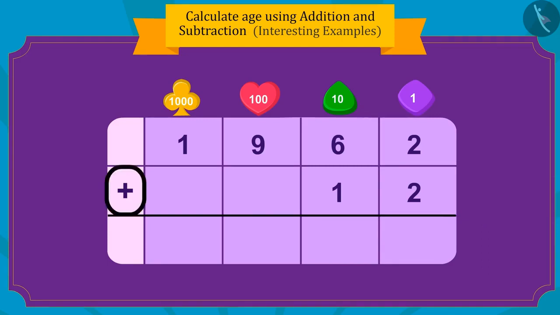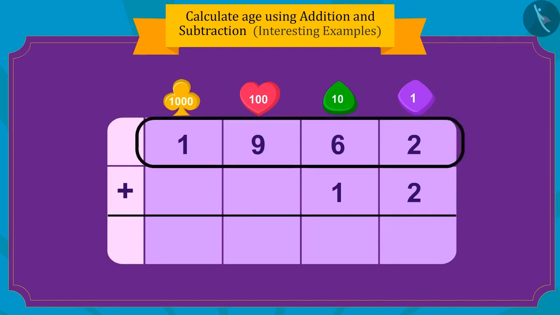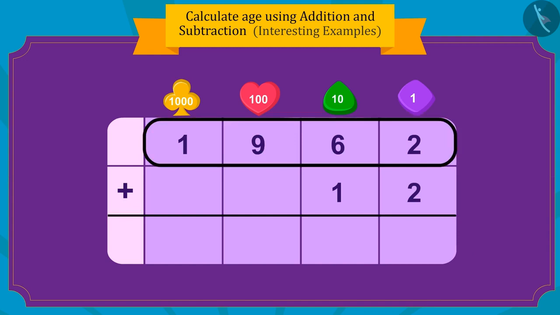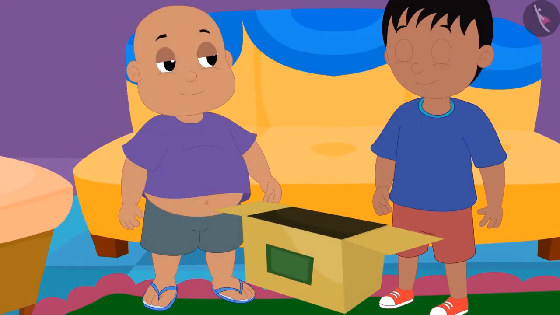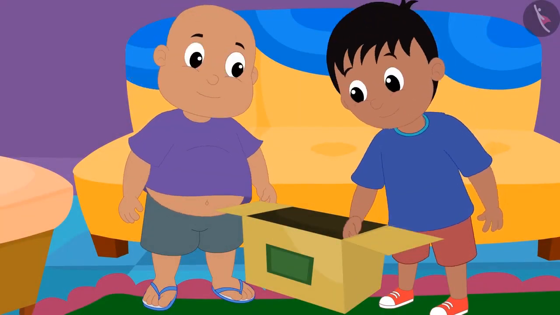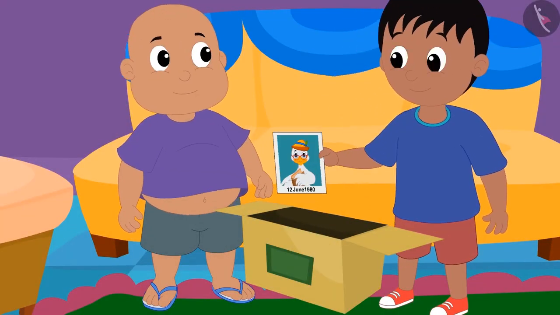Yes, we need to add 12 to 1962. In which year was Uncle 12 years old? 1974.